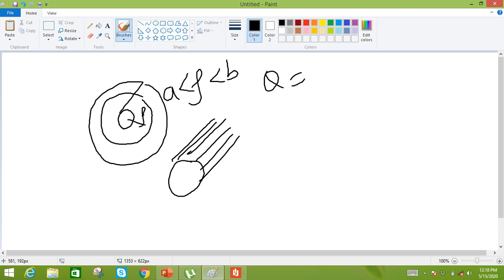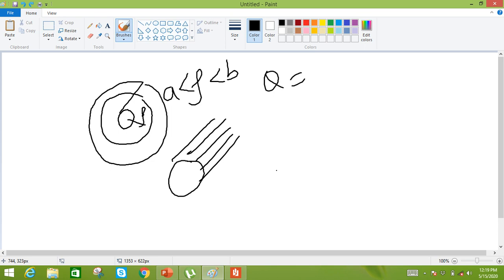So we take only length L of this inner conductor, where we have selected the Gaussian surface. The Gaussian surface we selected was of length L, so we take this inner conductor having its length L. So how much charge will be contained over the outer surface of the inner conductor?